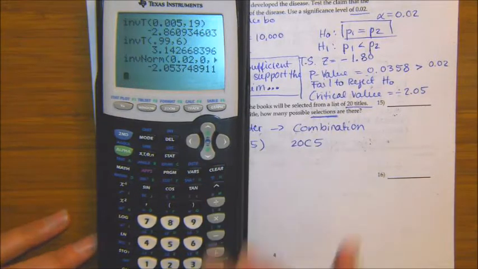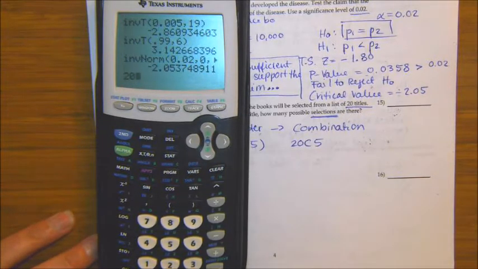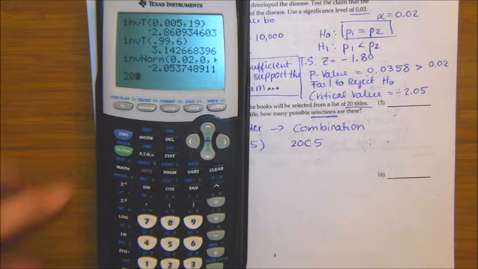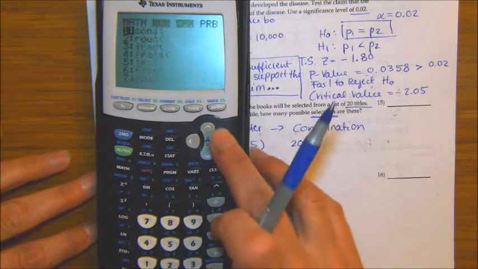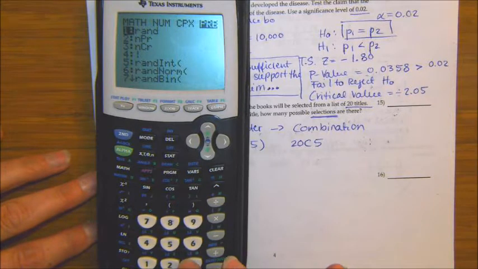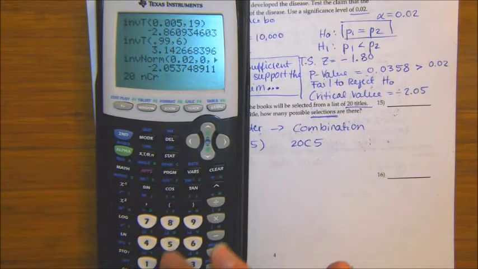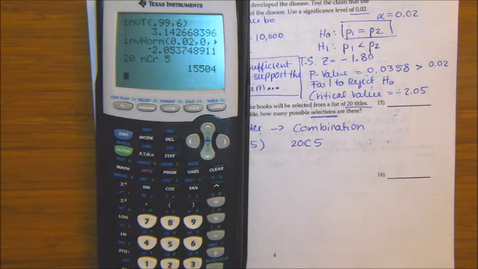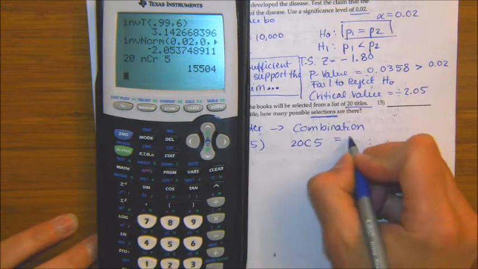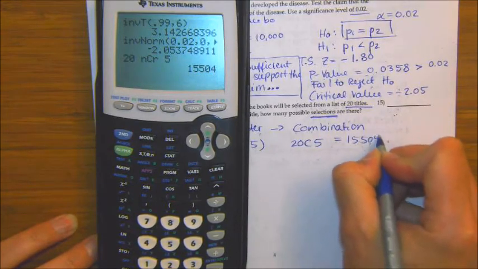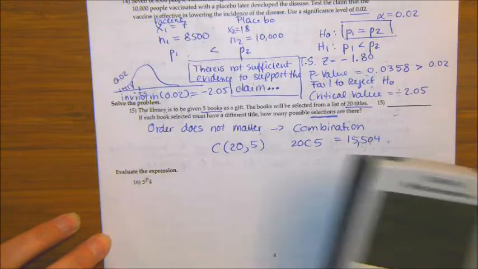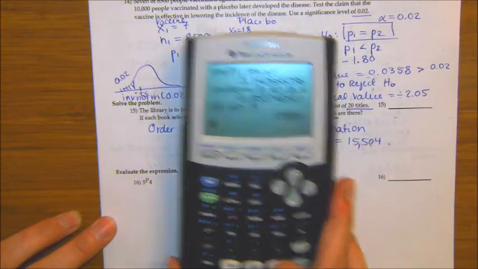You actually have to enter in n first. So put in 20, go to math, arrow to probability, go to nCr, and then put the number of items you're choosing. And this is equal to 15,504.